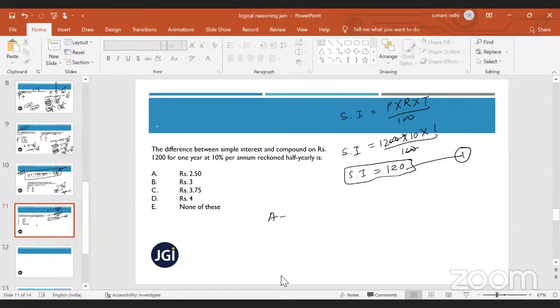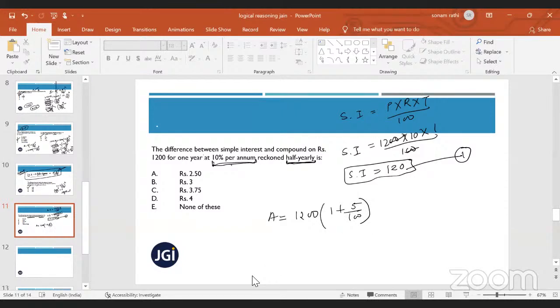So amount is equal to P bracket 1 plus R. Now see, this is 10% per annum, but you are calculating half yearly. So for 10% for a full year, for half year it will be 5 upon 100 to the power.